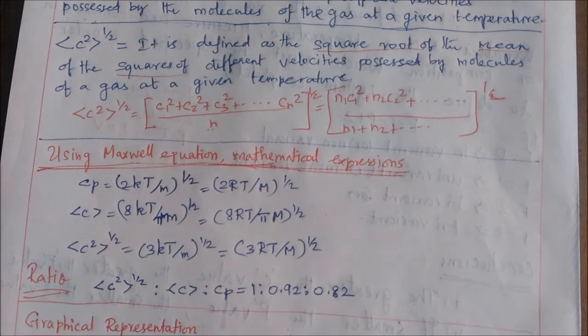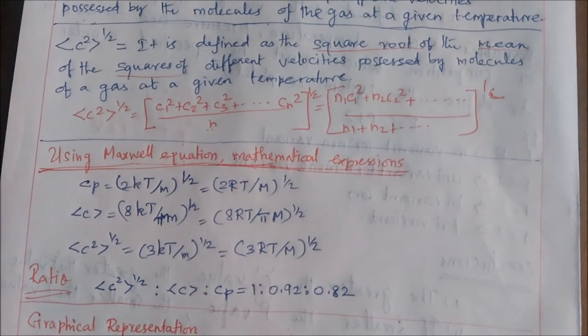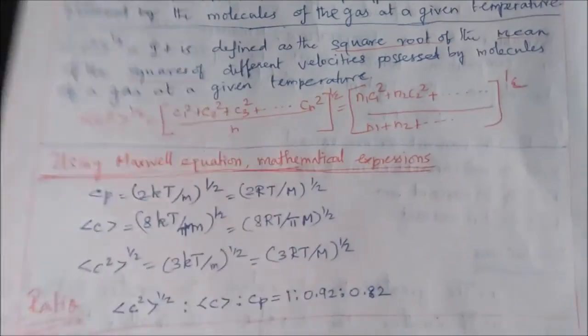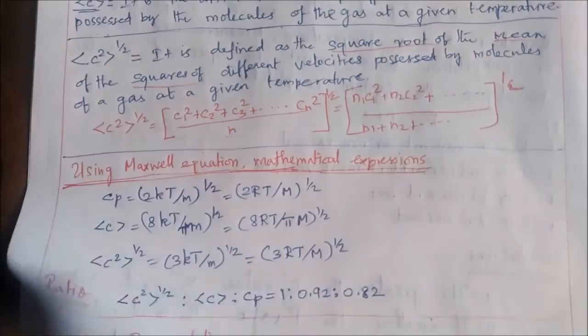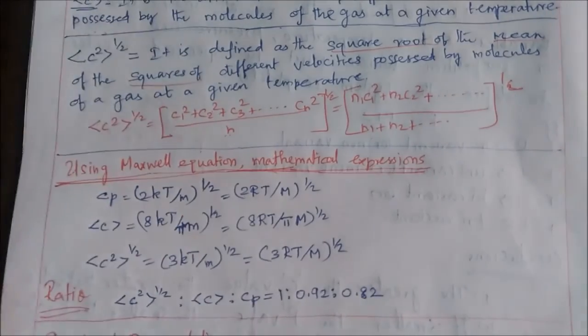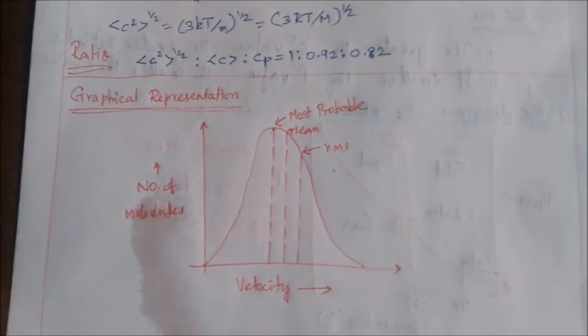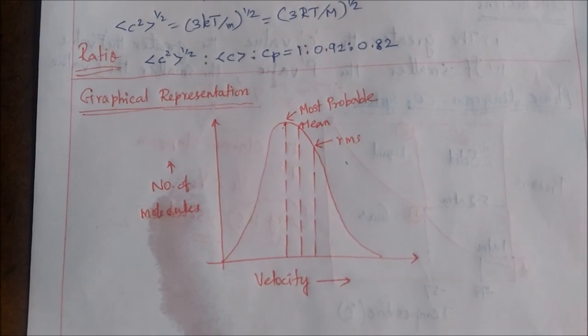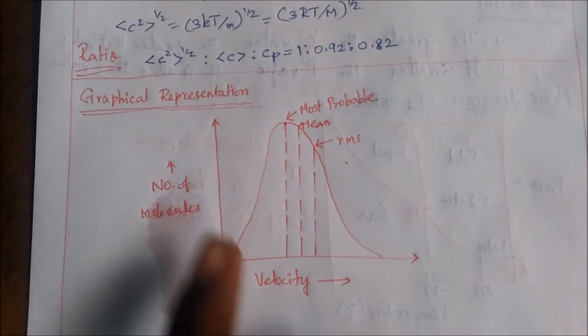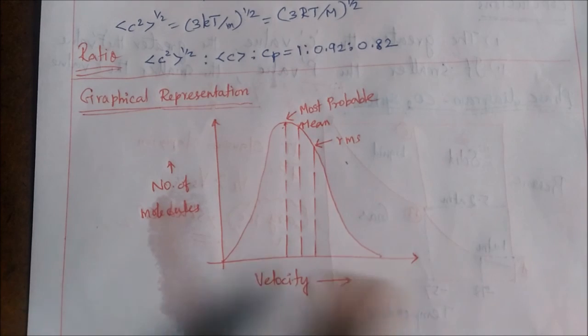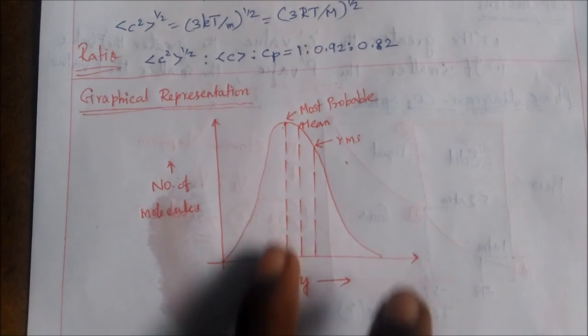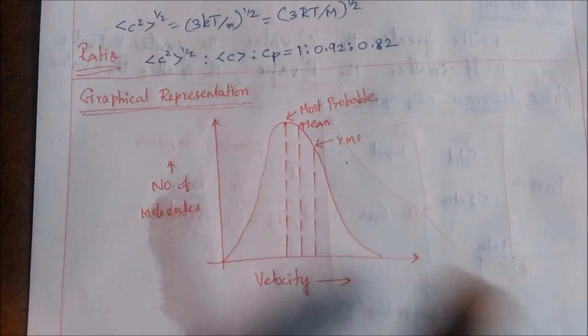Next, the graphical representation for the speed. When we plot the number of molecules on the vertical axis and velocity on the horizontal axis, we get a curve like this.